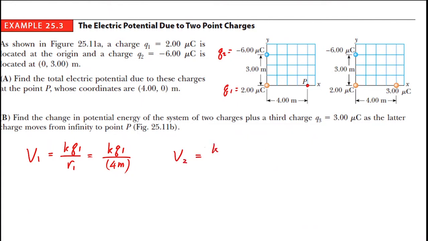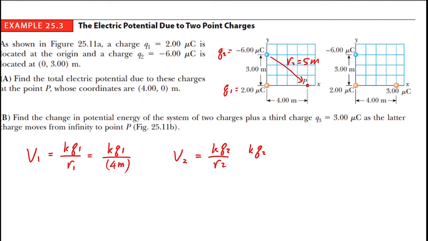That, of course, is K Q2 over R2. Now you have to be careful. R2, of course, is this, isn't it? Do you see it's 5 meters? So this is K Q2, Q2 being negative.